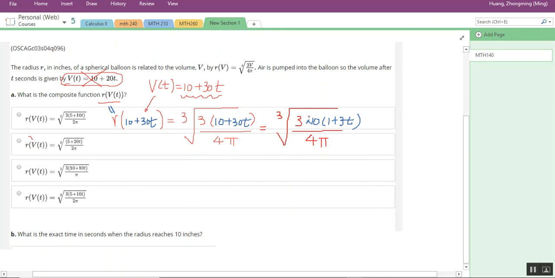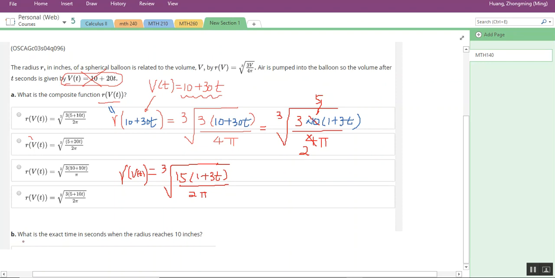So now, do you see that this and this, they can cancel a 2? So that's what I would have, right? And then at the end, mine would look like this. 15 cube root of 15, 1 plus 3t, divided by 2 pi. Okay, that's my R of V of t. You see that eventually it's a function in terms of t.